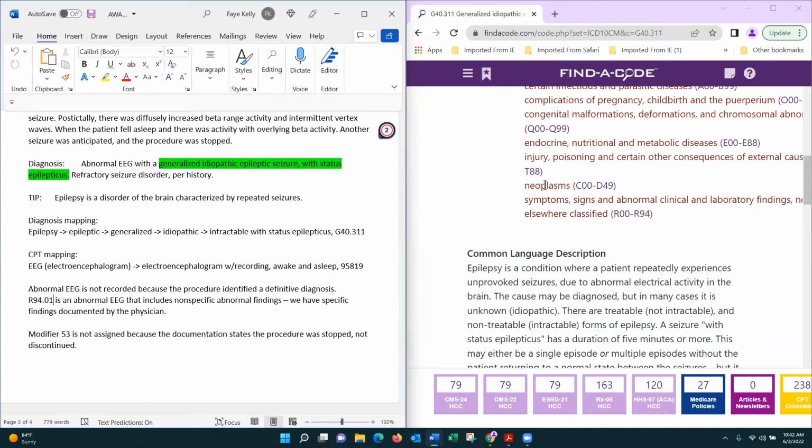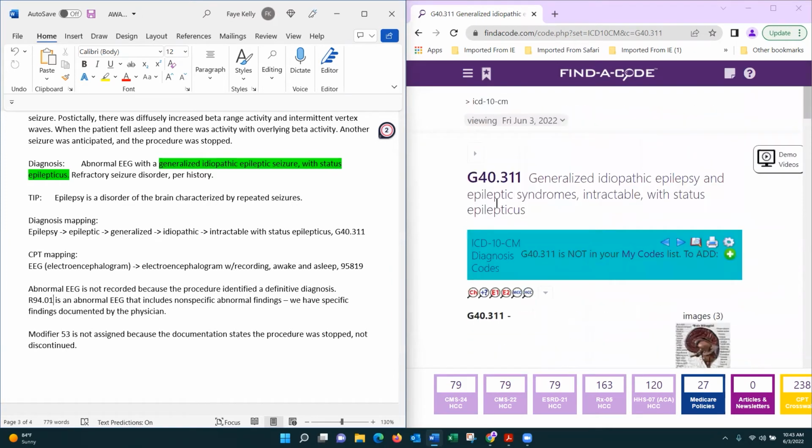We don't want to assign a code that's not necessary when we can actually tell you, the reviewer, the payer, the insurance company, that we don't have to say that the EEG was abnormal because we're telling them that when we assign the definitive code. And our code, generalized idiopathic epilepsy and epileptic syndromes intractable with status epilepticus, is our diagnosis.